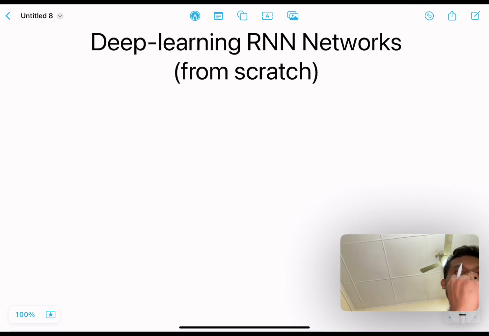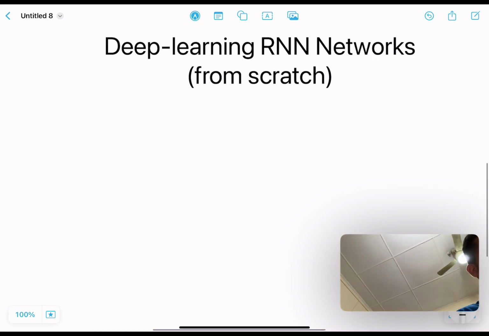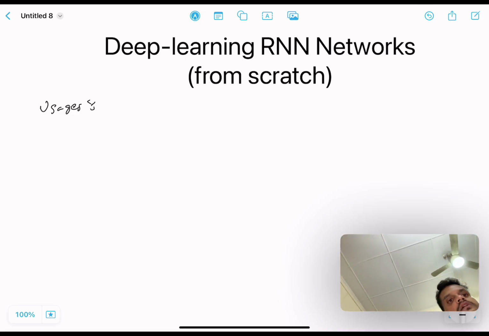Before going into some complex things, let's see the usages of recurrent neural networks. Recurrent neural networks are used in many areas.